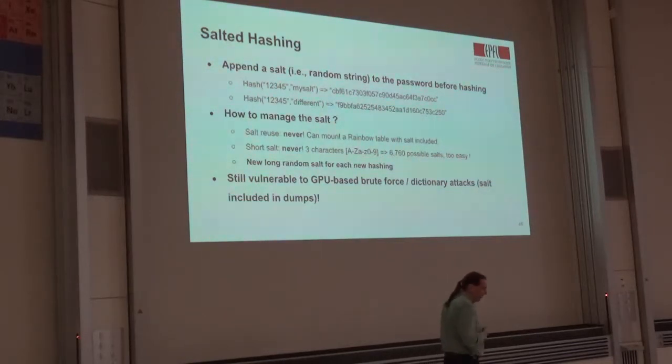Well, it does help, because if we use different salts for every row, if we use salt like we're supposed to, every time we set a password or create a new entry, we pick a new fresh random number, an attacker won't be able to use a simple, plain brute force attack on the hash function anymore, like a table of just all of the six character passwords and what they hash to.